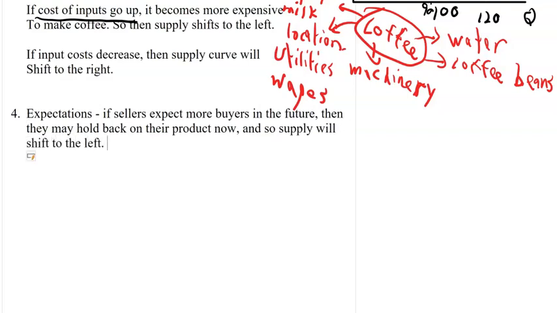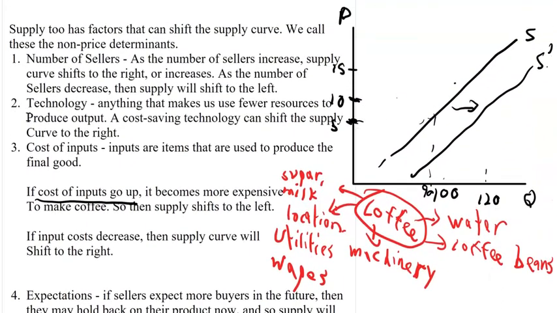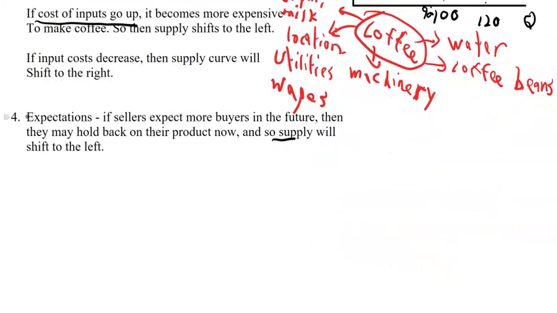If I'm selling coffee, right now nobody's buying coffee, but in the future it may be much colder and people will be wanting more coffee. So they may artificially reduce the number of cups of coffee they sell now. In that case, they will reduce the supply, and if everyone else does that, then supply will shift to the left.